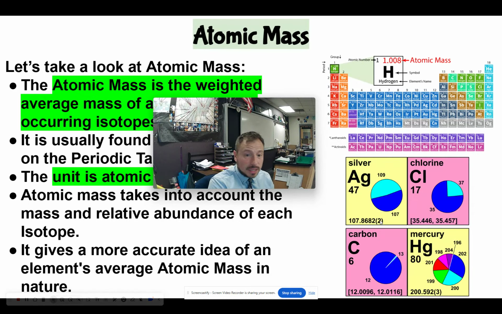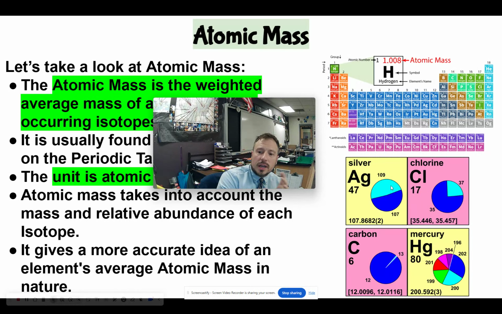You can see that's the split. All of them have 47 protons, but not all have the same number of neutrons. So the weighted atomic mass is going to be close to 108, and you can see that it's 107.8.